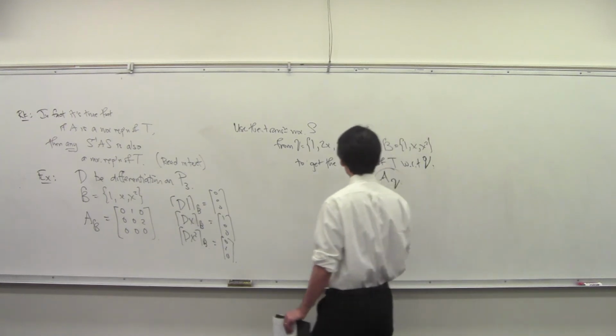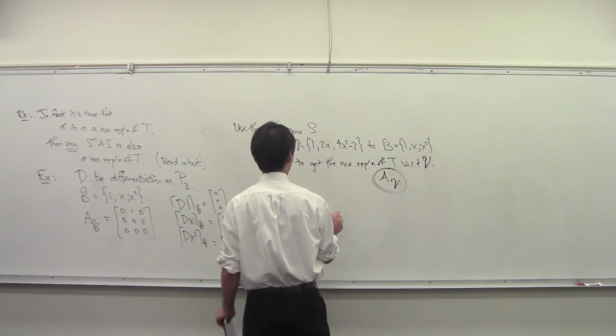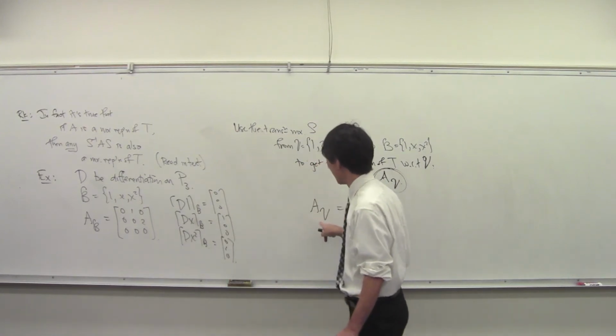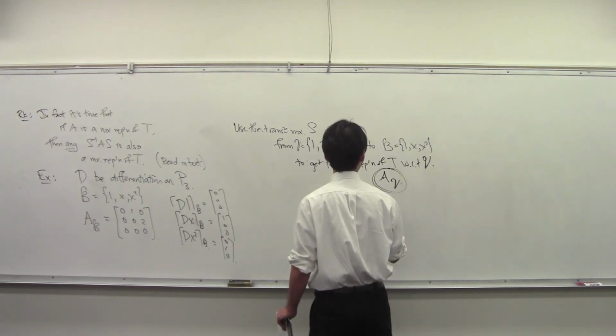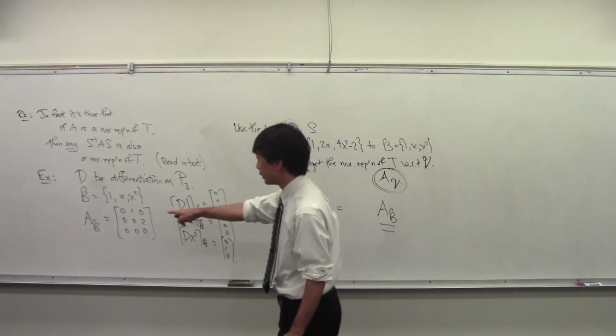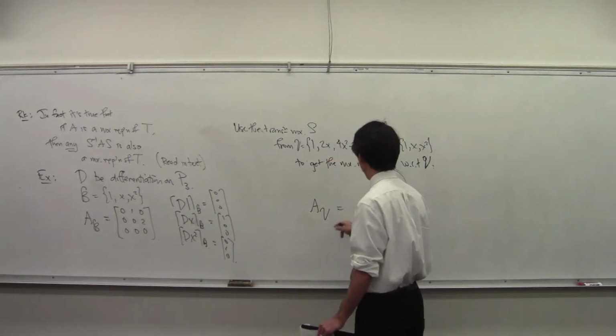So we want A sub V, right? We want the representation with respect to V, and we have the representation with respect to B. Well, how do we get the representation with respect to V?